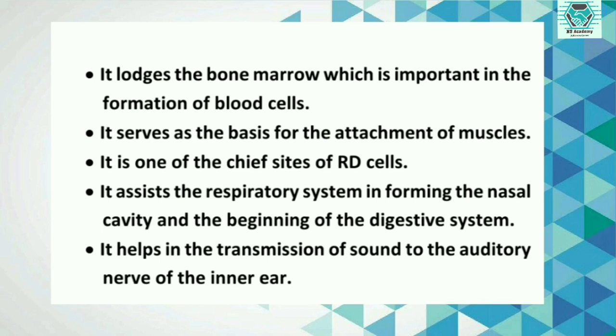Number 9. It assists the respiratory system in forming the nasal cavity and the beginning of the digestive system. Number 10. It also assists in the transmission of sound to the auditory nerve of the inner ear.